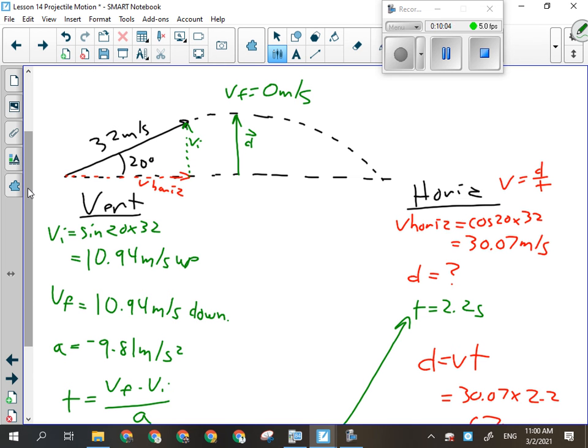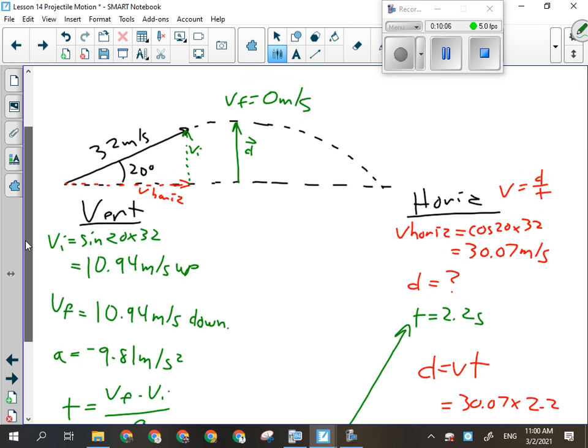All right. So what we're going to do now is look at what we have. I'm looking for D. I have VF. I have VI. This still applies. And I still have the acceleration. So is there a formula that has acceleration, VF, D, and VI in it?